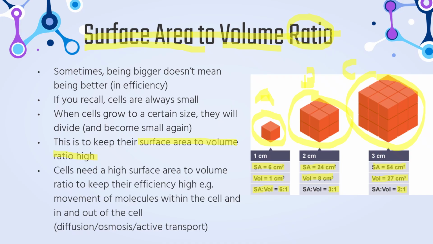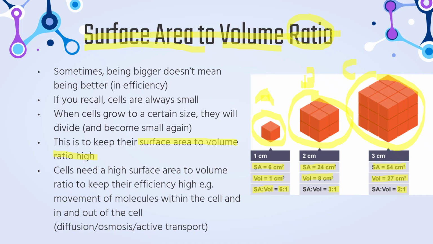Why? Because cells need to absorb substances, they need to release substances, and they need substances to move within the cell. So if you remember the factor on diffusion distance, you will know why it is better for a cell to be small. So that the movement of substances, whether it's going into the cell, coming out of the cell, or moving inside the cell, has to be efficient.